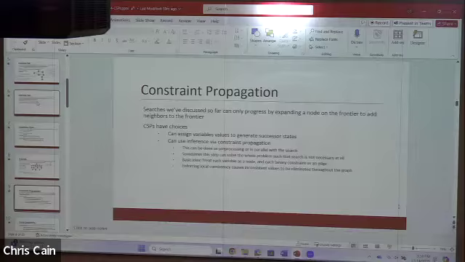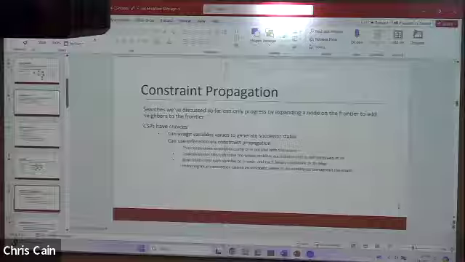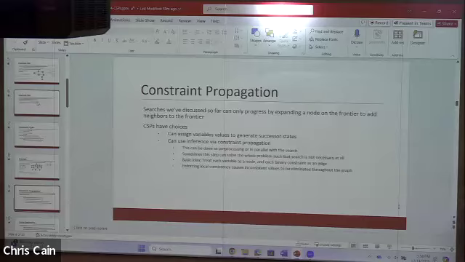And then as we start to make assignments, we can also query the network of nodes and figure out, all right, by making this decision, what can I eliminate in the domains of neighboring nodes? It starts to propagate out. When you make these decisions, you can reduce the search space significantly so that you don't have to redo work that you've done before.